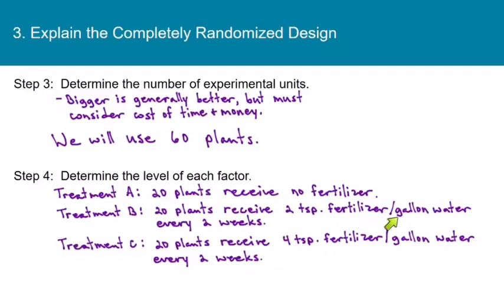And notice how specific they're being. You can't just do like I did and say a little fertilizer. You need to be very specific so that you can track the success or failure of your treatments. And so here we're very specific about how much fertilizer and how often.